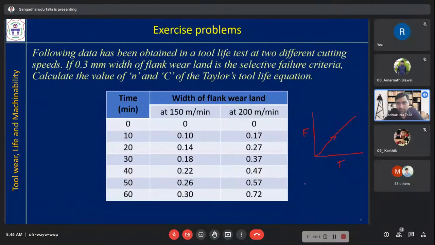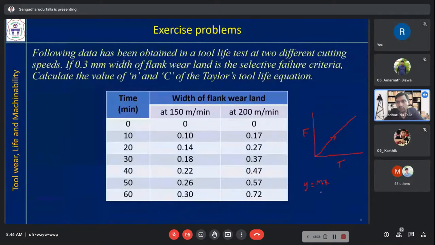How will you find the equation? y equal to mx plus c. In this case, directly mx only because there is no c. So what is y? y is flank wear in this case. m into x, x is tool life, let us say.